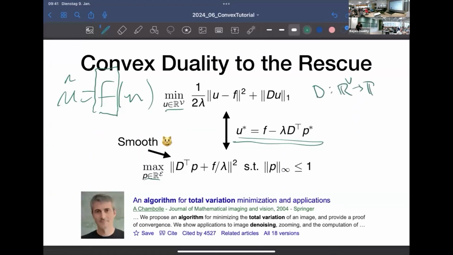It basically computes the derivative: you take the difference between two neighboring vertices and then you are on the edge. That's why the dual is always in that edge space, because of this D matrix. And I think this face-vertex duality is more for simplicial complexes. For a graph, you just have vertices and edges, right? For a general graph, you don't even always have faces, I think. Yeah, for the grid, you have faces.